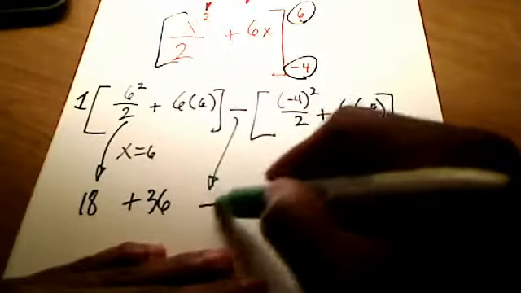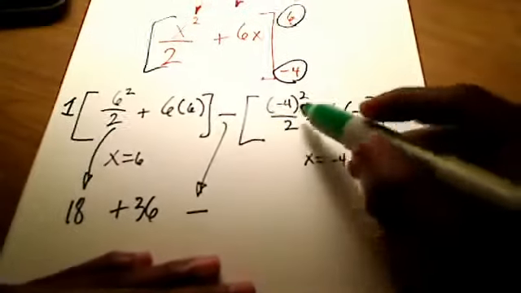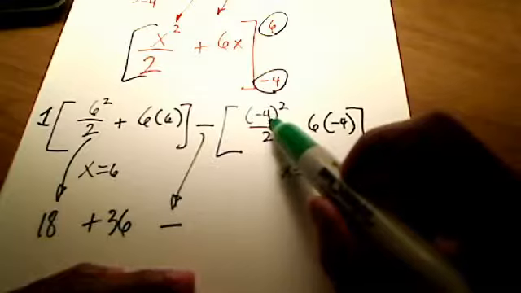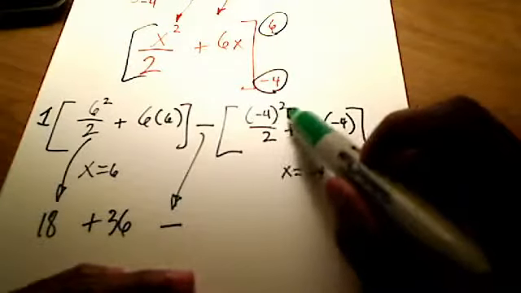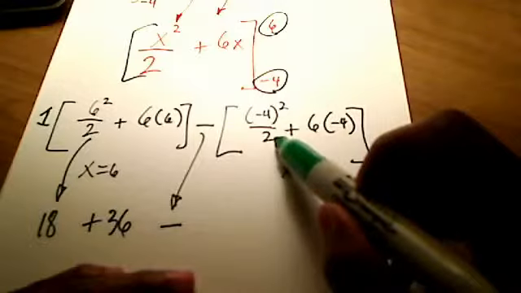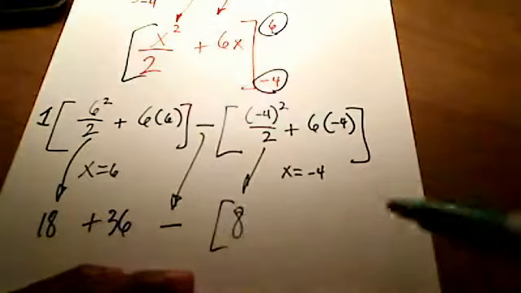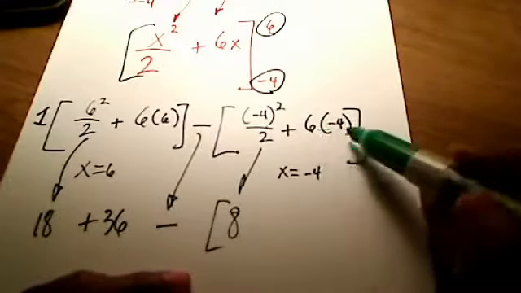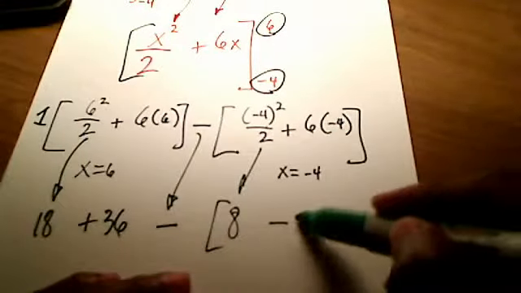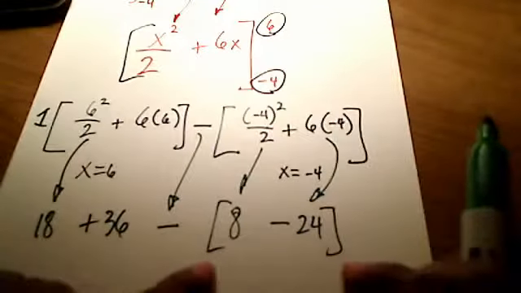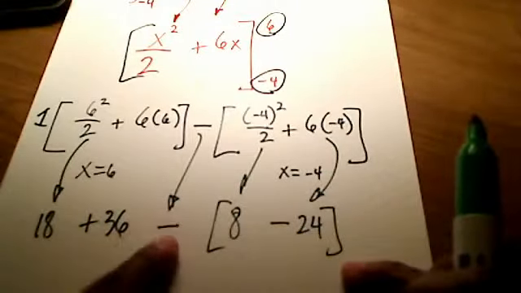Here comes my minus sign, and this first term is positive because I have a negative 4 inside the parentheses. That's negative 4 times negative 4, which is positive 16, and 16 divided by 2 is 8. And over here I've got 6 times negative 4, which is a negative 24. Now I'm keeping this one in brackets because there's a negative sign in front of it.